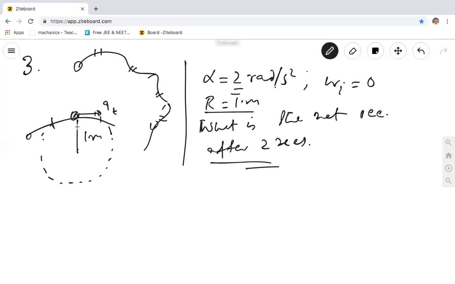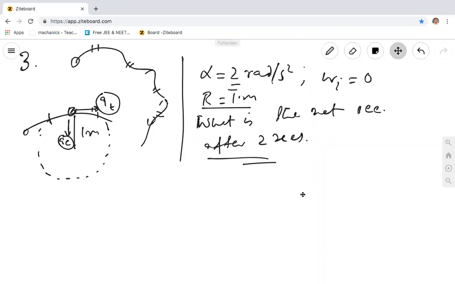Yes. Centripetal can be there. If we get both, then the net. So we can find the net, right? Yes, sir. Good, that's right. Just watch how I will do it.